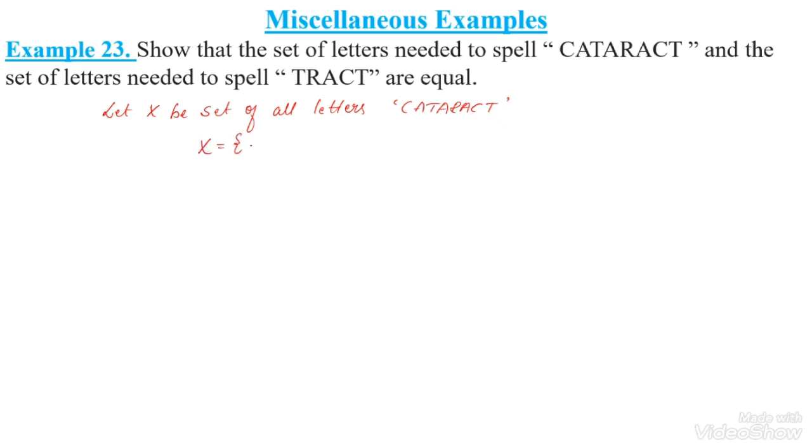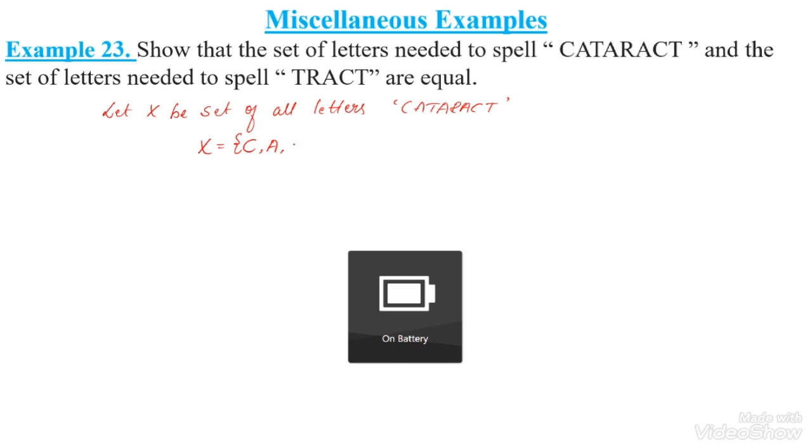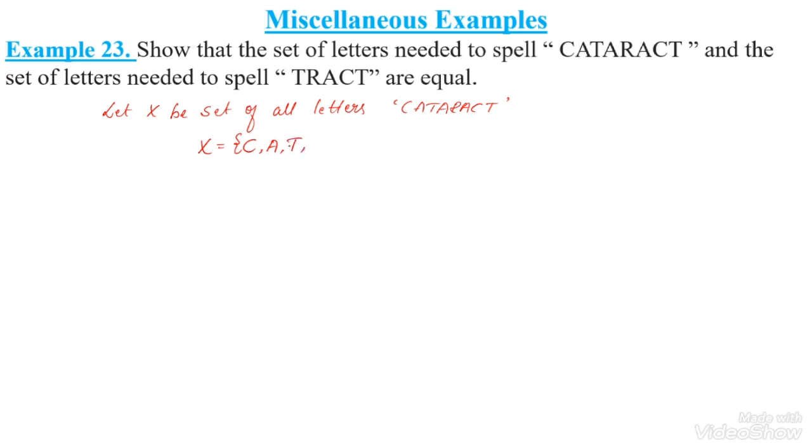The first letter is C, then A, then T. A I have already written here. Next R. Again A and C, which I have already written. Only those four letters are there in the set X.